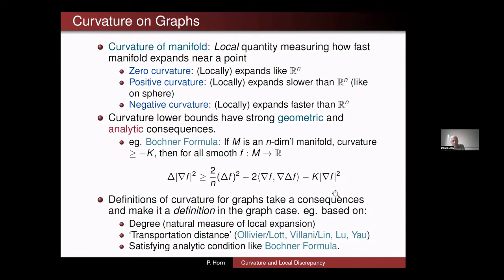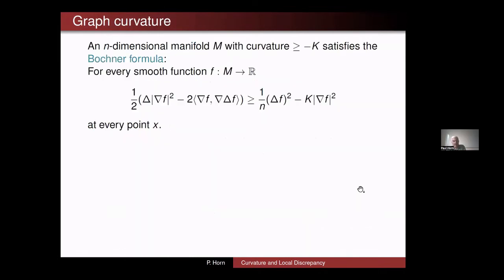And you can also look at satisfying some analytic condition like this Bochner formula. And I just want to point out, you have this Bochner formula. It's, as I say, very much an acquired taste where you have Laplace and you have gradients and all sorts of things.